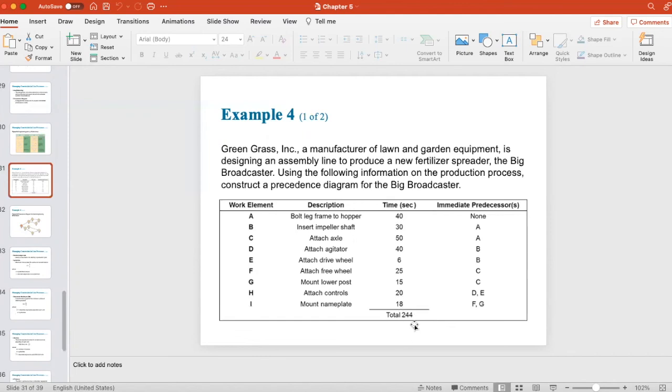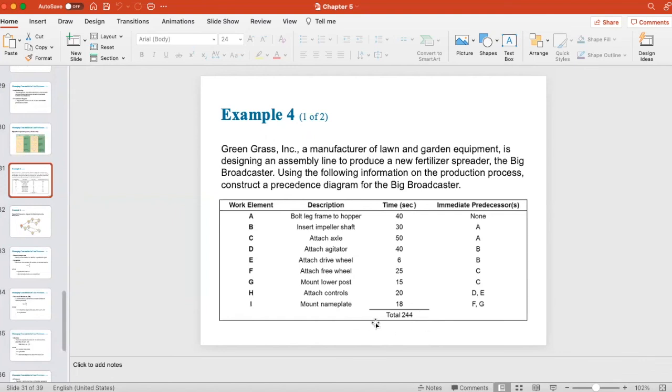But in order to fit the market demand, for every single unit we can only use 60 seconds. That's why we need multiple workstations working simultaneously to fit that requirement.